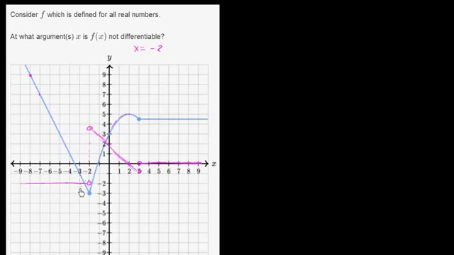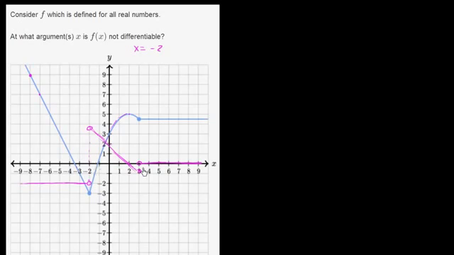Remember, when we're trying to find the slope of the tangent line, we take the limit of the slope of the secant line between that point and some other point on the curve. If we did that as we approach from the left, it looks like the derivative is -2. If we do that from the right, it looks like the derivative is something like +3.5. And so we're not getting the same limit of the secant line as we approach from the left and as we approach from the right.